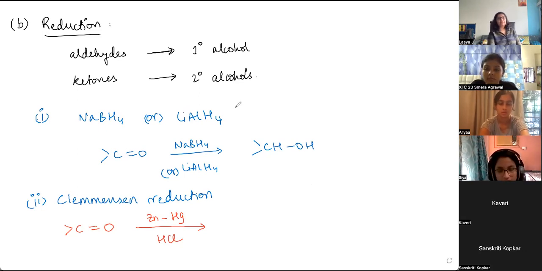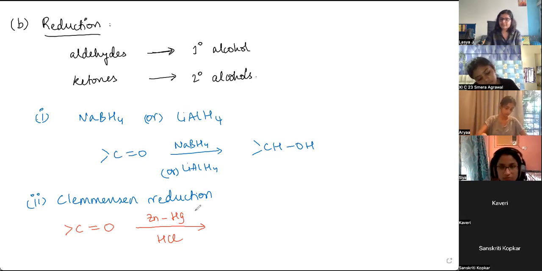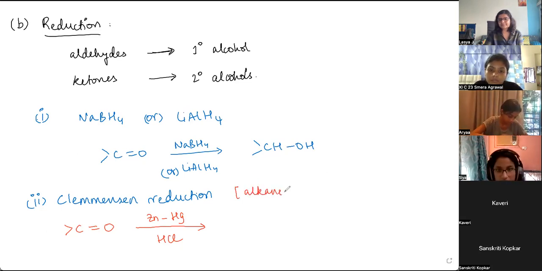Okay. So with the hydrides, it's a very straightforward reduction where hydrogen is added across the double bond, and that's how you get alcohols. There are a couple of other reducing agents we'll be looking at. One is Clemmensen reduction. This is going to reduce it directly to alkanes, so we're going to get rid of the oxygen also.